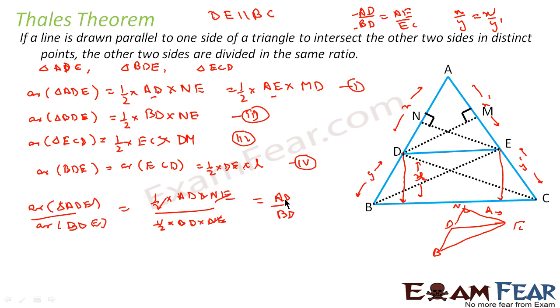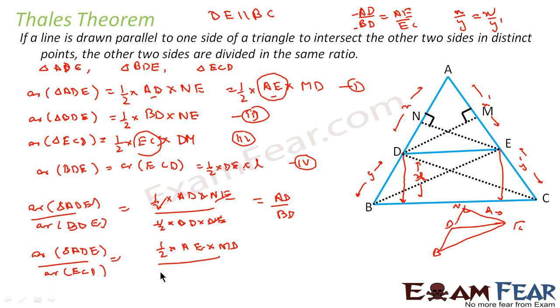Now to get the right hand side, that is AE by EC, we will divide this by this. This is nothing but area of triangle ADE by area of ECD, and this is nothing but 1 by 2 AE into MD by 1 by 2 EC into MD.